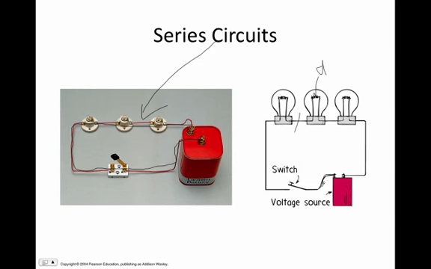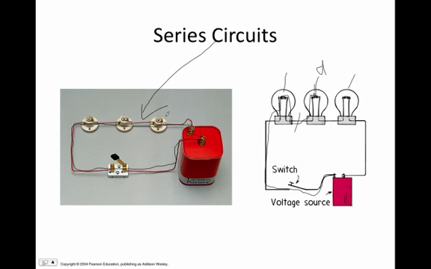Electrons go this way, put the switch down, it goes through the switch, it goes up through here, but as soon as it gets here, the circuit is open. So that would mean none of these bulbs would work, because remember, in a circuit, electrons have to come back to the original source. They need a pathway.